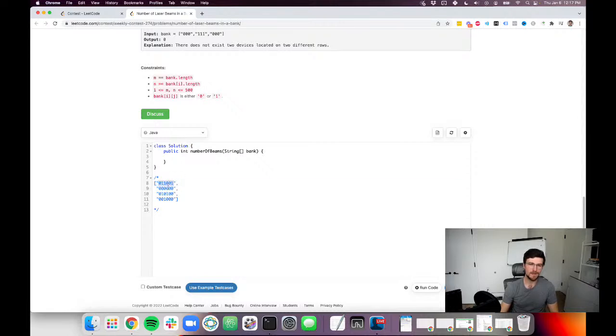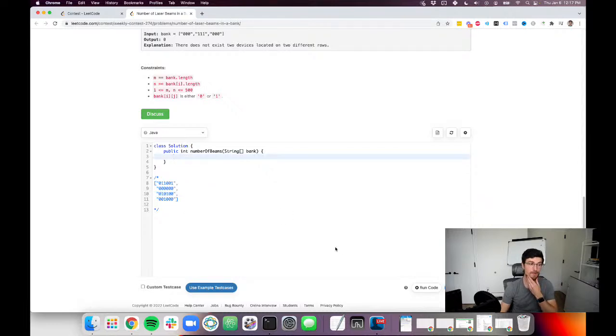If there are, then the number of ones in that row times the number of ones in the next row that has ones in it becomes the number of beams between those two rows. So we can iterate through our rows: if there are ones in this row, and there are no ones in the next row, we skip it. Then we find the next row that has ones in it, multiply them, and repeat that process until we get to the end.